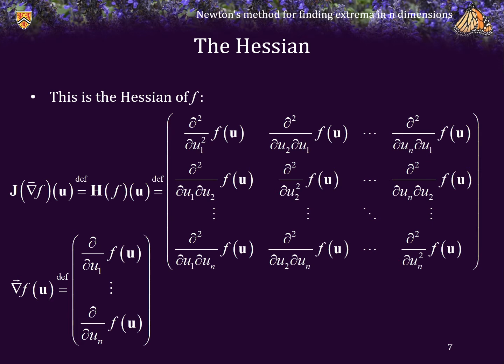So as you can see, that first row of the Hessian is the second partial with respect to u1, then the partial with respect to u2 of the partial with respect to u1 of f, all the way up to the partial with respect to un of the partial with respect to u1 of f. And that is the same for each of the rows. So really, this is simply the definition of the Jacobian, but now it's applied to a vector of partial derivatives. So essentially it becomes a matrix of second partials.